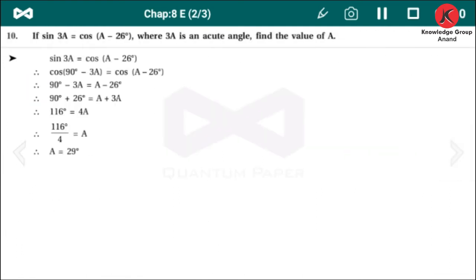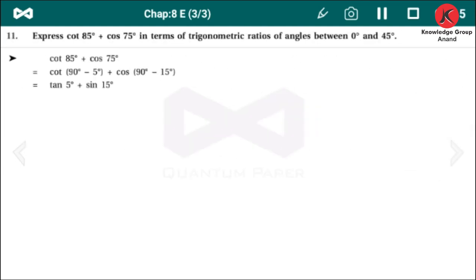Now, in our revised syllabus, example number 11. Express cot 85 plus cos 75 in terms of trigonometric ratios of angles between 0 and 45.